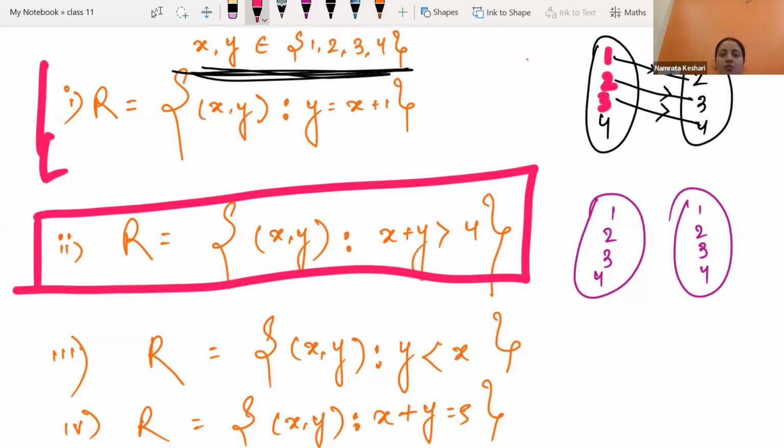So the image of 1 is 4. We have to take all such ordered pairs (x, y) where x plus y is bigger than 4. So 1 comma 4. Okay, 2 with 1, no. 2 with 2, no. 2 with 3, we can take. And 2 with any other element?